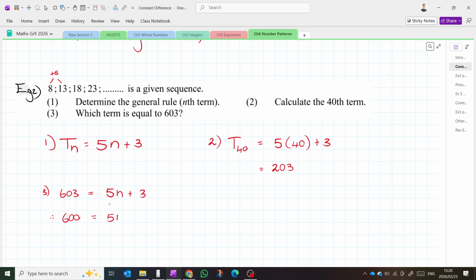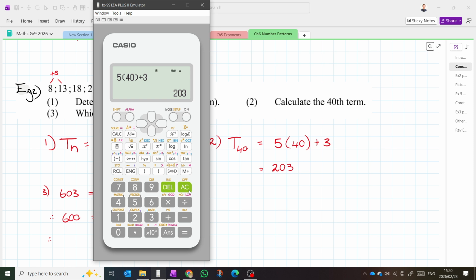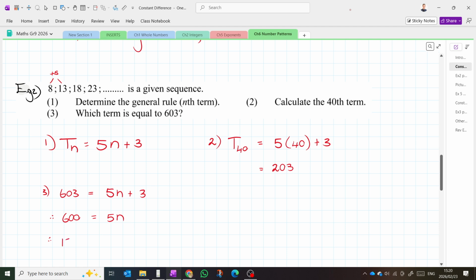So equal to 5n. 5 is being multiplied by n, so moving the 5 across and dividing by it is going to give us 120. So again, that is going to mean that term 120 is going to have a value of 603 in this number pattern.